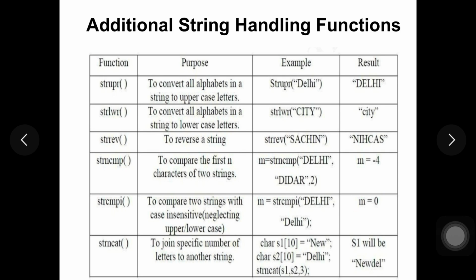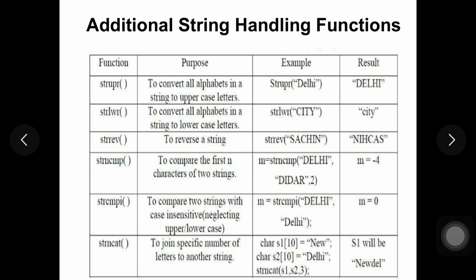And the last one we have is strncat. This is again string concatenation. It is used to join a specific number of letters to another string. You can join only n characters, whatever n you have specified, and only that many characters will be joined to the other string. Consider one example. We have char s1 as new and s2 as Delhi, and we want to join these two.